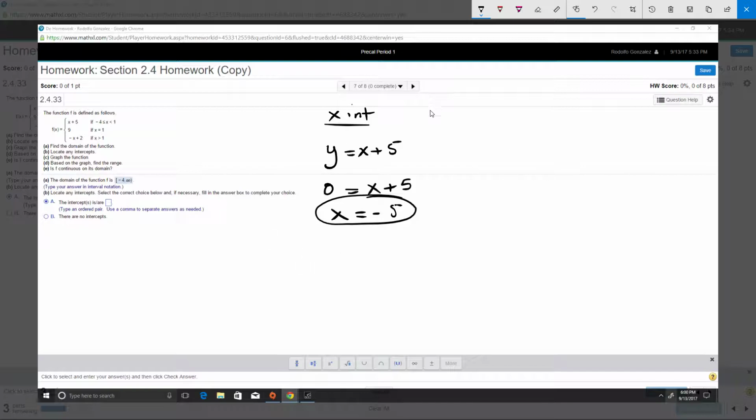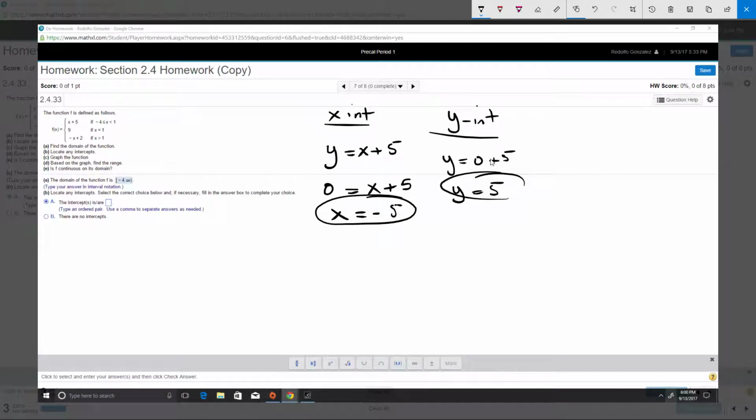Now let's go ahead and do our y-intercept here, see if we have any. So if we plug in 0 for x, we end up getting y is equal to 5. The only thing with the piecewise functions is that you do have to be very careful.